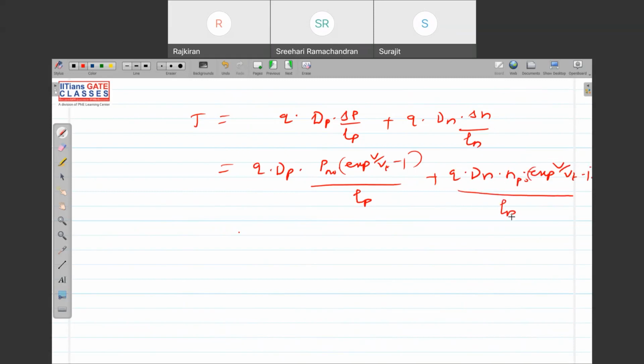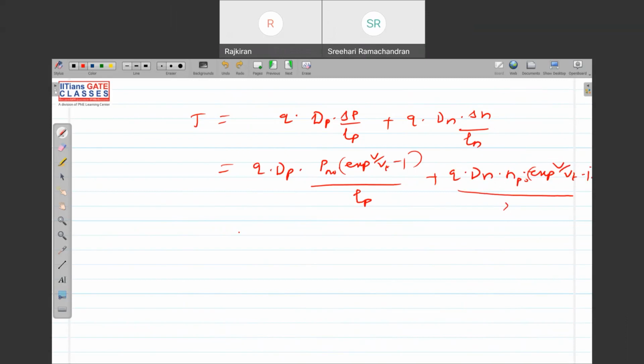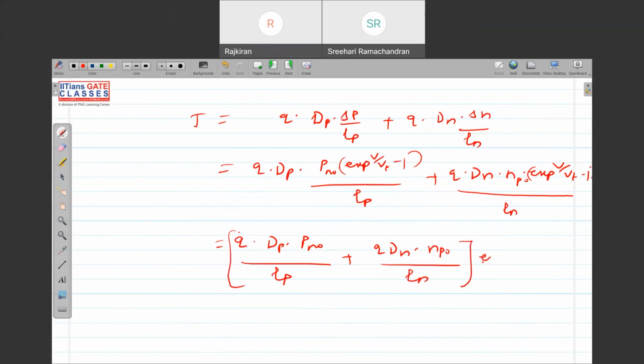So the current is q Dp pn0 by Lp plus q Dn np0 by Ln, into exponential of V by Vt minus 1.